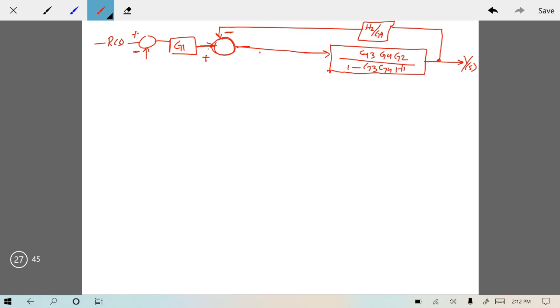Now can I reduce it further? Yes, I can. Can you visualize that this complete part is a feedback loop, with feedback path gain H2 over G4 and process gain G3 G4 G2 over something?